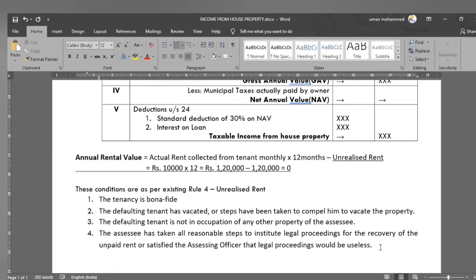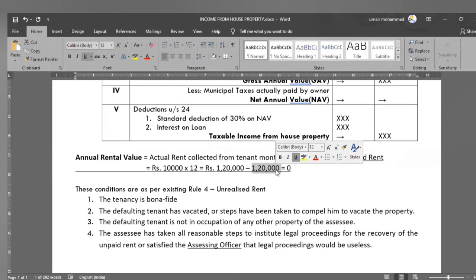So if all these 4 conditions of rule number 4 are satisfied, the assessing officer from the income tax department will consider your request and he will permit unrealized rent. He will approve it. Okay, so this is how you can claim unrealized rent. You just can't fake it saying that my tenant is not paying. You have to prove it, right?